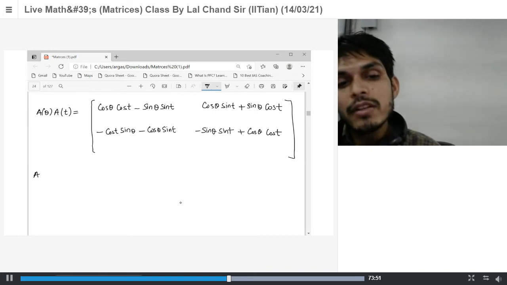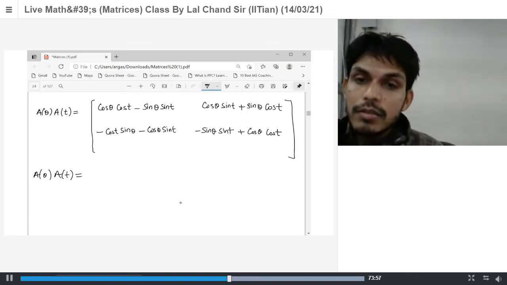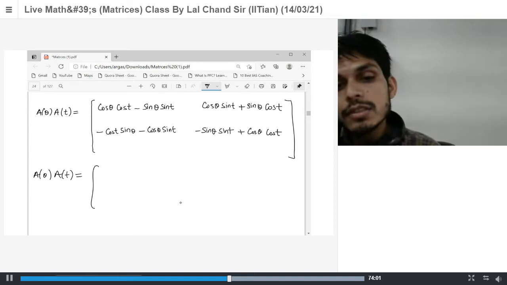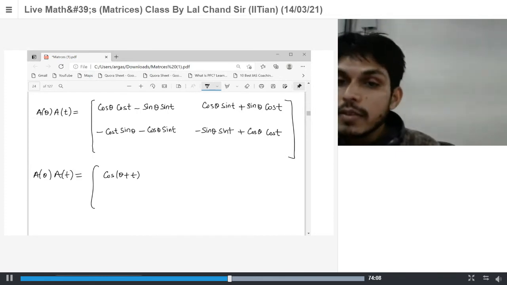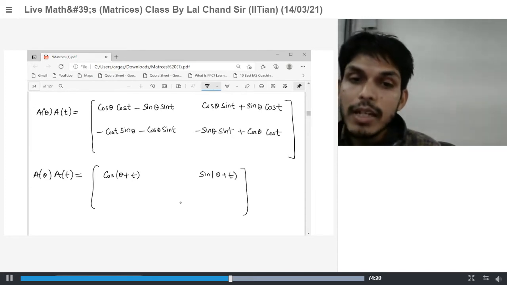So if I solve this, the value of A theta and A t will be, okay, what is the value of this? This is basically cos theta plus t, cos a plus b formula. And what is the value of this? This is sin a plus b, so we can write sin theta plus t. What is the value of this element?